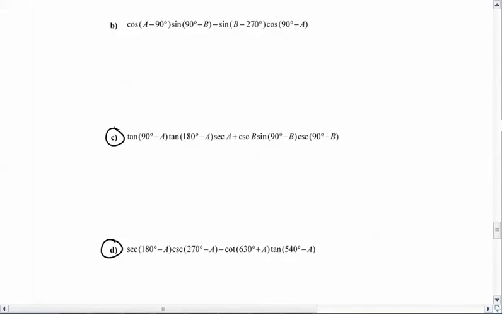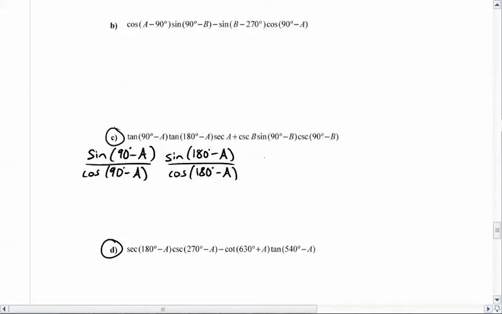So I'm going to change everything to sine and cosine. So instead of tangent, I'm going to write sine over cosine. And what's inside the sine and the cosine will be the same as what's inside the tangent, 90 minus a. I'll do the same for a tangent of 180 minus a.